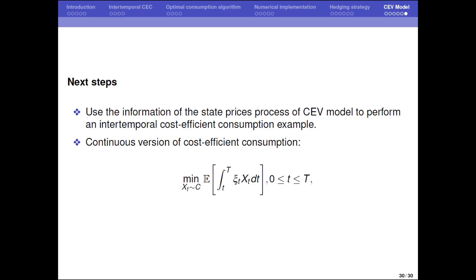So we are talking about a continuous version of the cost-efficient consumption. And the issue here is that we have not a sum, but an integral of all the stepwise process at all times. I have a typo here, it is from 0 to capital T.